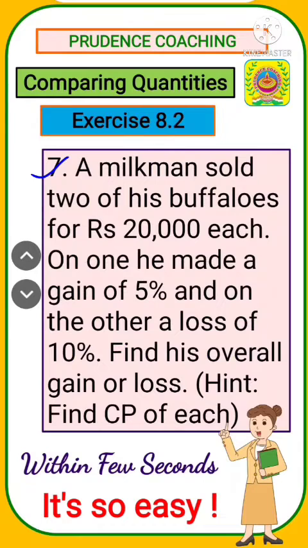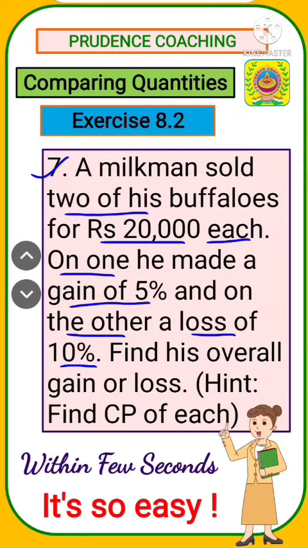A milkman sold 2 of his buffaloes for rupees 20,000 each. So here the selling price of the buffaloes is 20,000 each. On one, he had made a gain of 5%, and on the other, a loss of 10%.